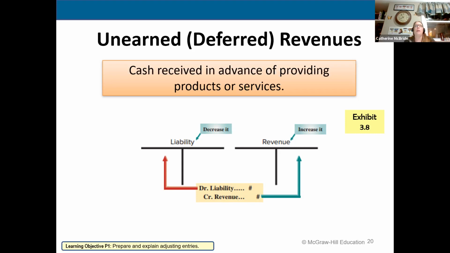Like when our company made cushions for Hilton, they would write us a $20,000 check in advance, for like half down, and then at the end of the job they would pay us the other $20,000. But the $20,000 that they wrote us at the beginning of the job, we hadn't earned that.